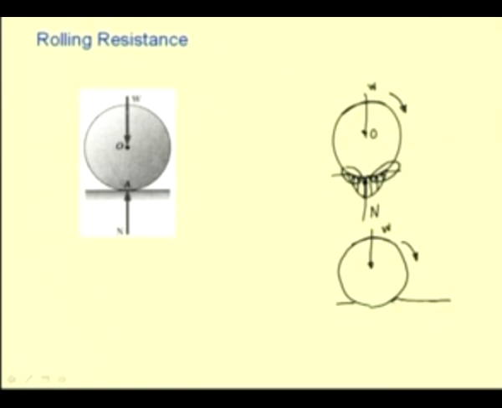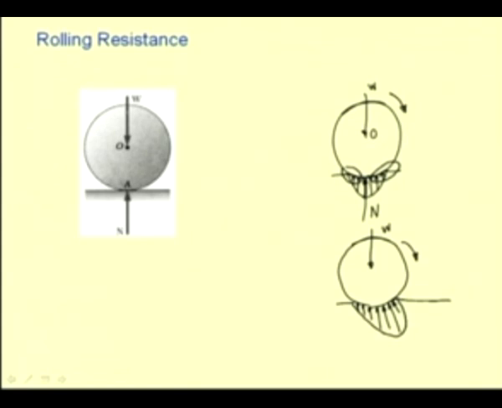So, the reactions here are more than the reactions that are in this place. So, the distribution becomes something like this.